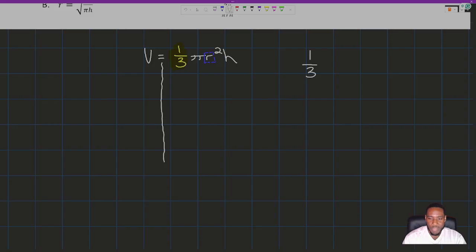So the flip, the inverse of 1/3 is 3/1, which is the same thing as saying 3. So multiplying both sides of this equation by 3 is going to get rid of that fraction, and we're not going to have to worry about it anymore. So let's do that.